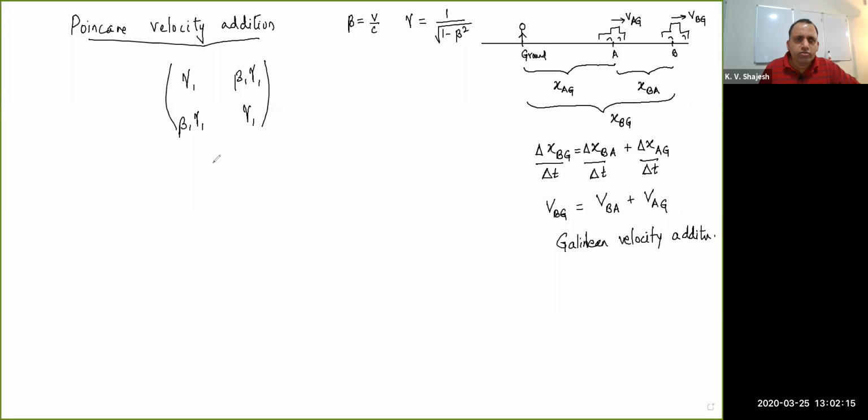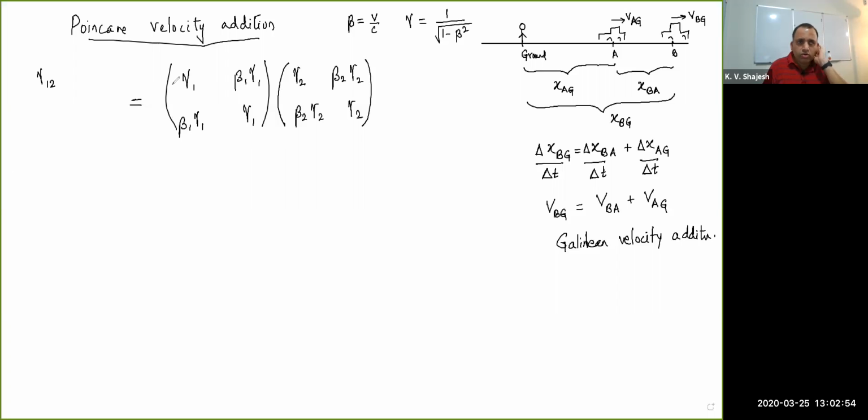If we had two such transformations, we can consider the product of two matrices. So that's gamma 2 on the diagonal and beta 2 gamma 2 off the diagonal. In principle, if we were to say this is equal to gamma 1,2, that's the velocity of one with respect to the second observer.